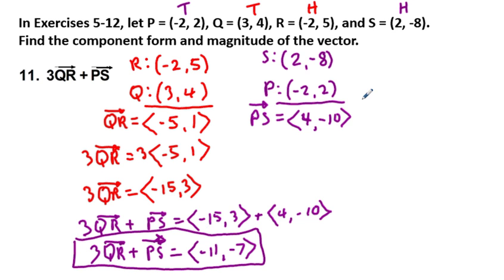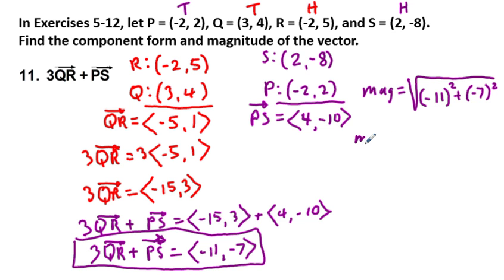Okay, magnitude. The magnitude equals, we have -11 squared plus -7 squared.